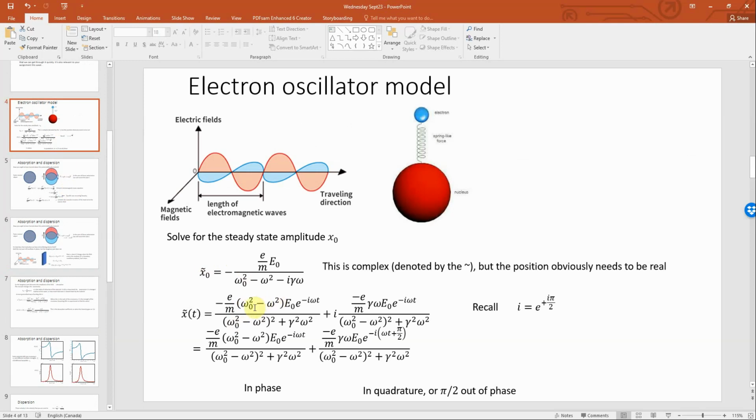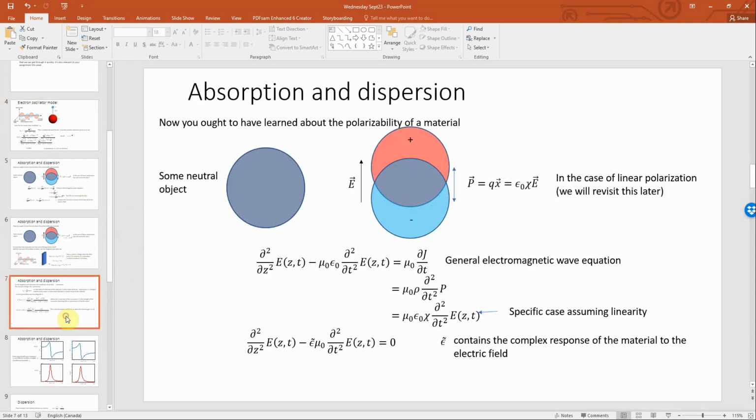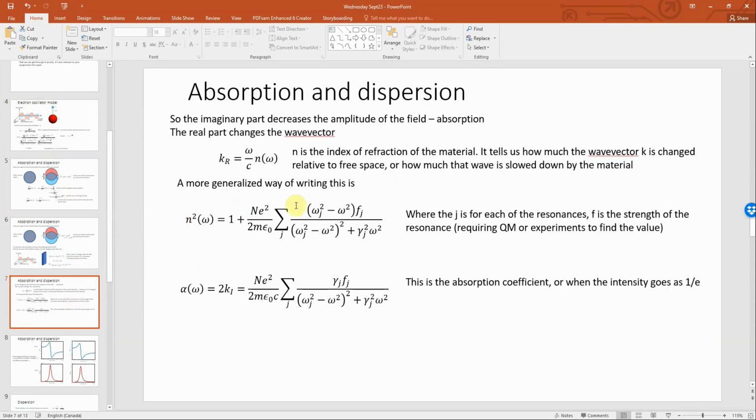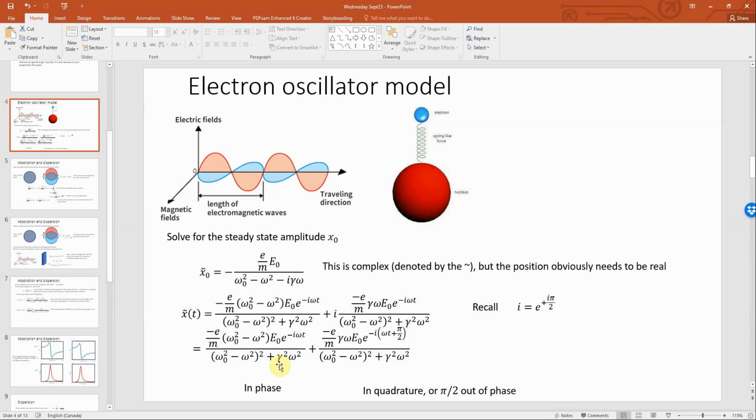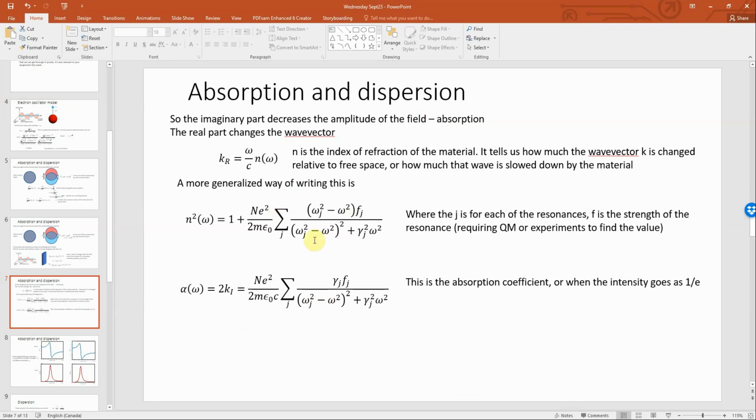This was for one particular resonance of this electron, but this electron can actually turn out to have multiple resonances as it has multiple states, and we'll get to that soon. But this equation here is effectively the first term in our equation here. And so this thing that oscillates in phase will determine the index of refraction of our material.